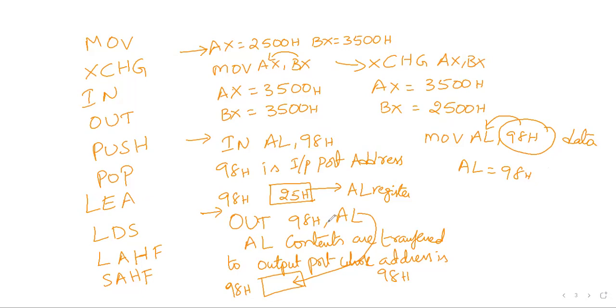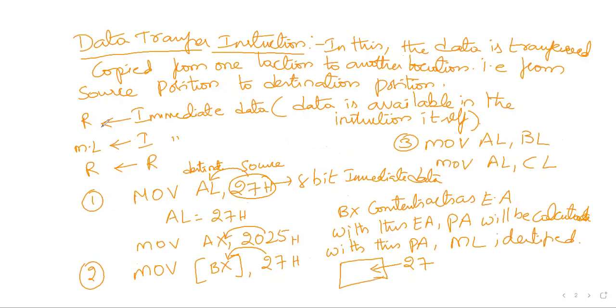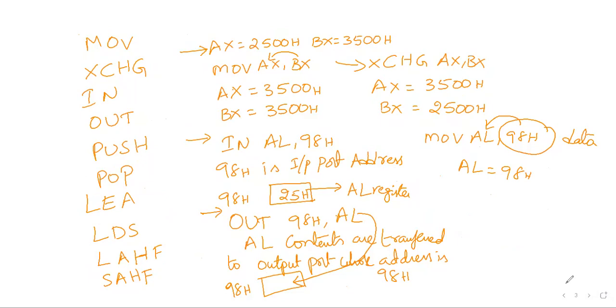How many types of move instructions? Register to register, immediate data to register, or immediate data to memory location. All these are move instructions. That immediate number can be 16-bit also. Similarly, exchange instructions.